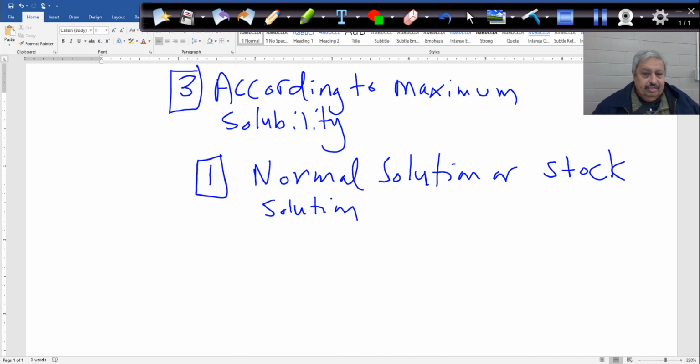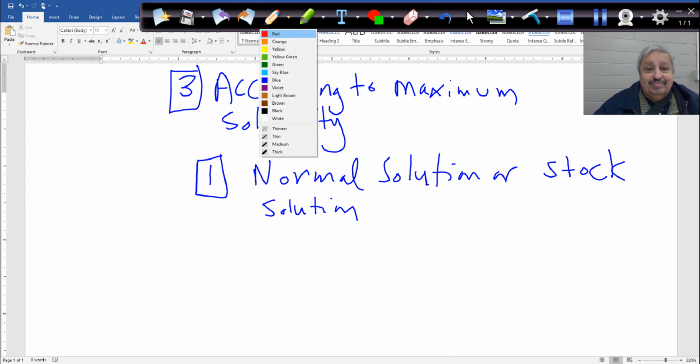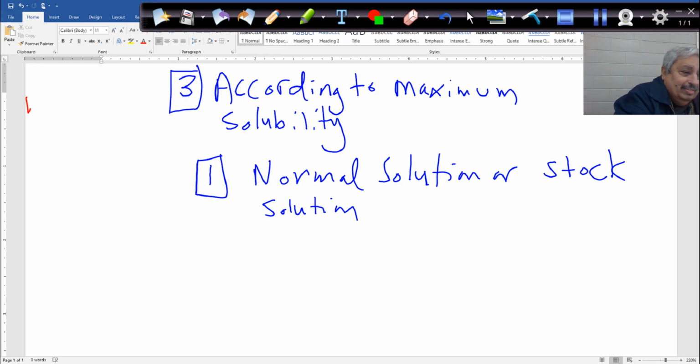So let's write here an example of maximum solubility. Maximum solubility, guys. Sorry, that's real chicken handwriting, I'll try my best.